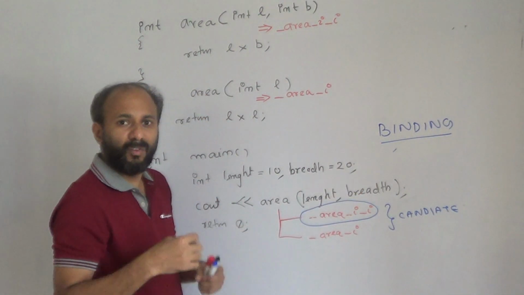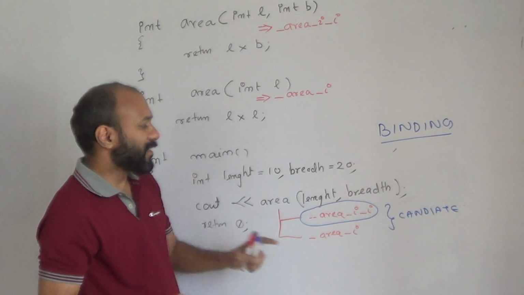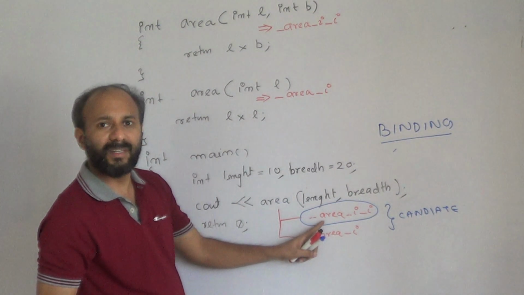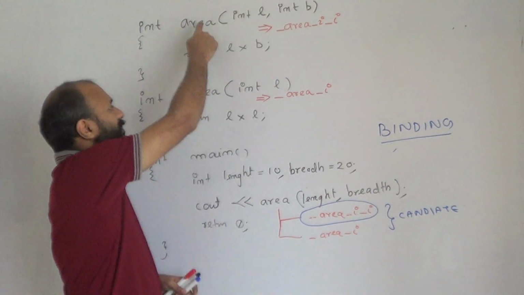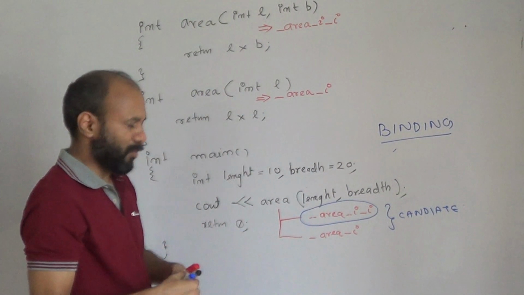Binding is nothing but function call resolution. Since this binding happens at compilation time, this is an example of compilation time polymorphism.